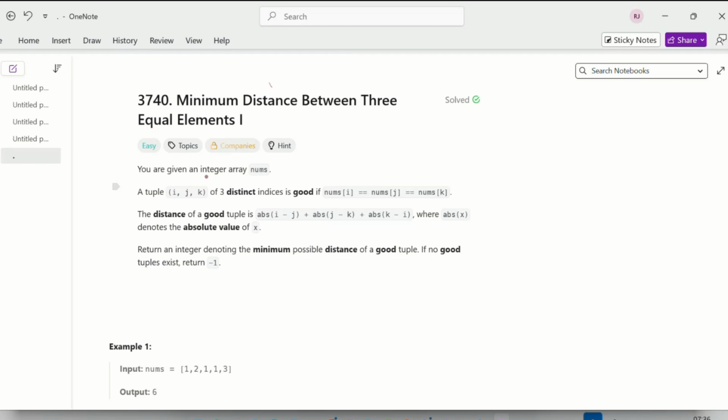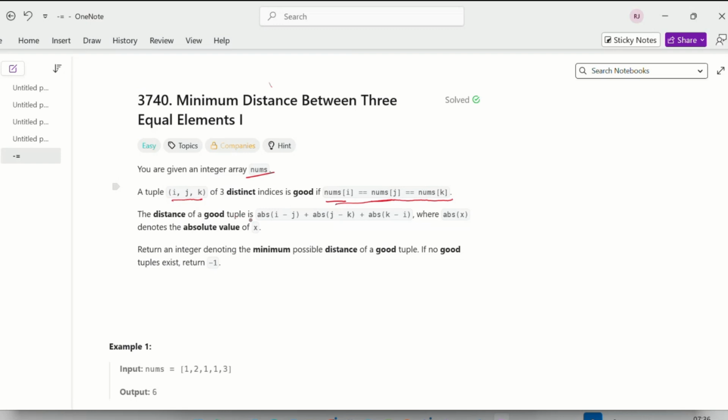So what is given in the question is you are given an integer array nums, and a tuple i, j, k of three distinct indices is good if nums[i] equals nums[j] equals nums[k]. All the nums values should be equal at all three indices i, j, and k.